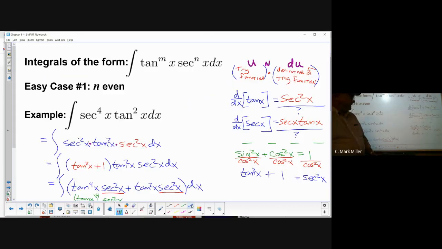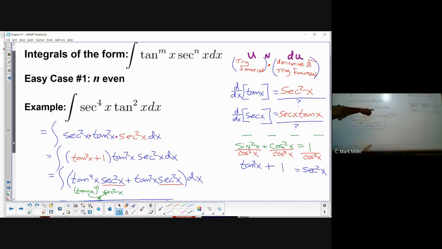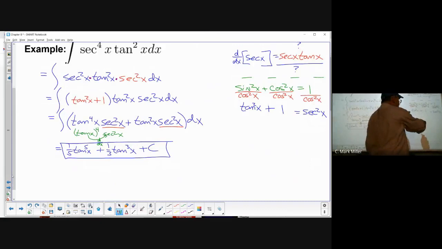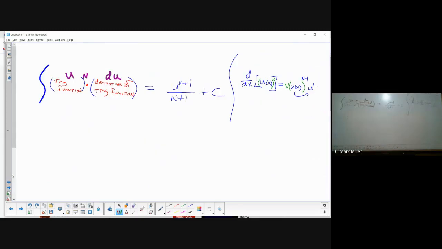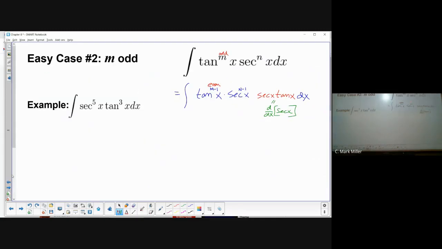Go back to here. This little manipulation here. Tangent squared is secant squared x minus 1. But I got to have tangent to an even power. So guess what? If tangent is to an even power, even means let's suppose it's 2 times k power. That's an even power, right?